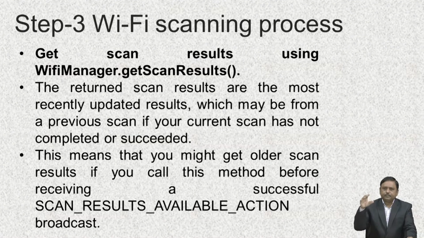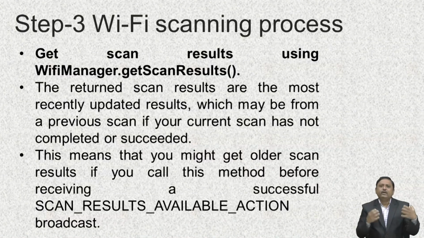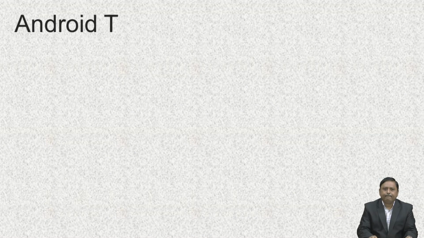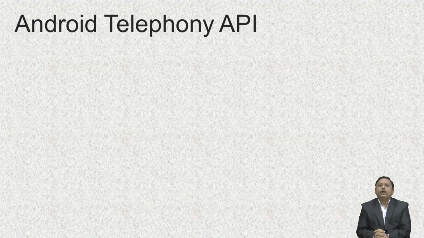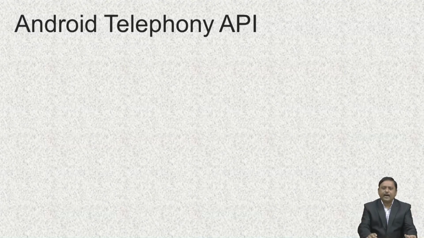That means once scanning has started, it takes some time to get all the results. Meanwhile, if you start another process, it is possible that you get old scan results, right? So for that, you have to ensure that the previous scan has completed or succeeded. So these are the 3 steps involved in the Wi-Fi scanning process that we are going to demonstrate in the coding part.